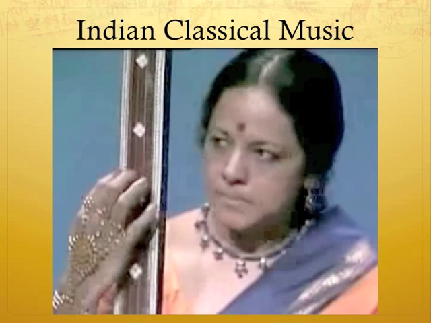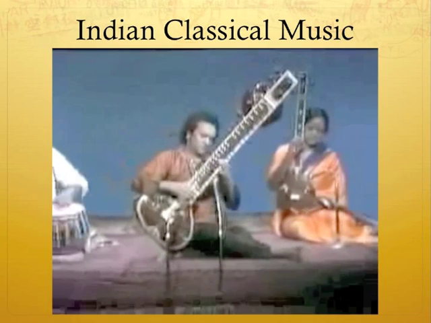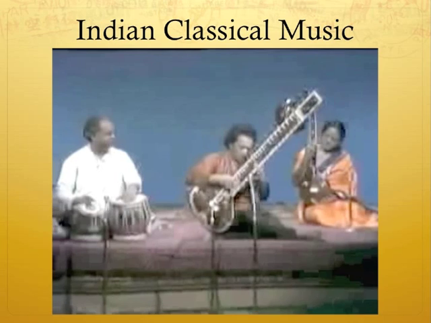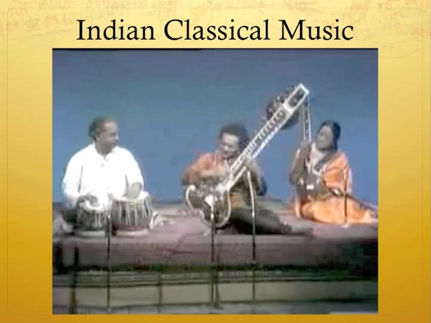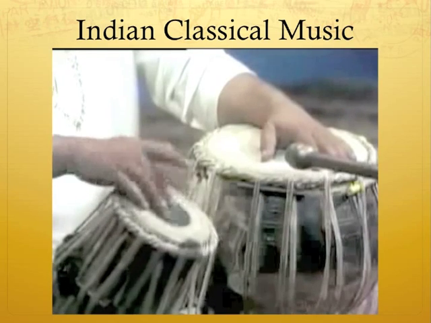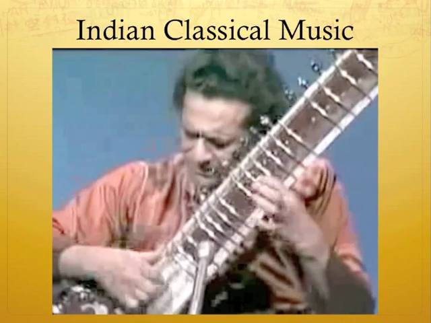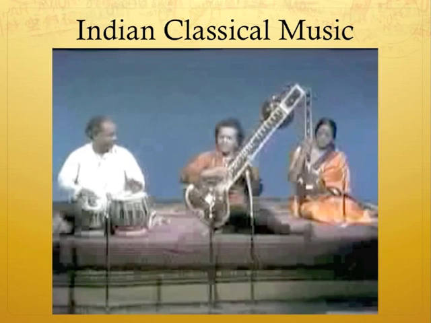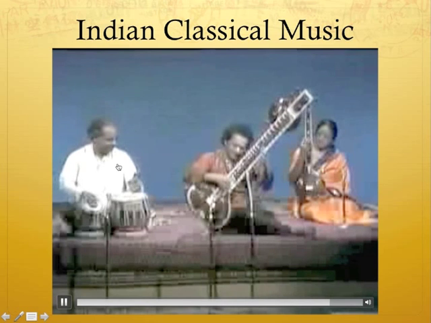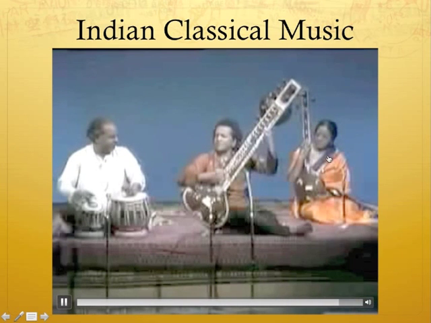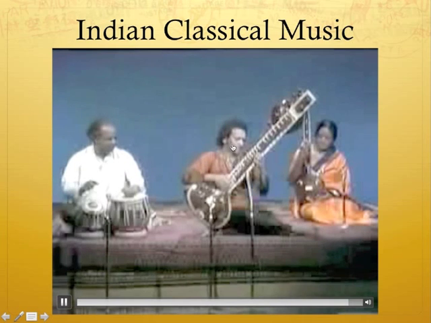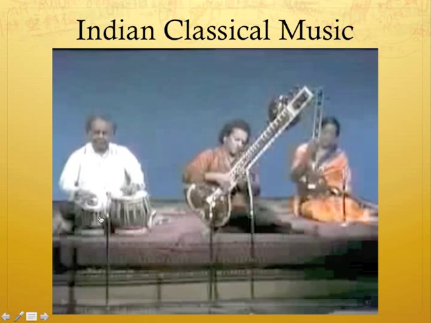And this person here, she's playing the drone on the instrument called the tambura. And the person over to the left, as you can probably see, has got a pair of hand drums in front of him, which are the tabla. So we've got the tabla player here, who's playing the tala. We've got the tambura player here, who's playing the drone. And we've got the sitar player here, who's playing the raga. And there we go.